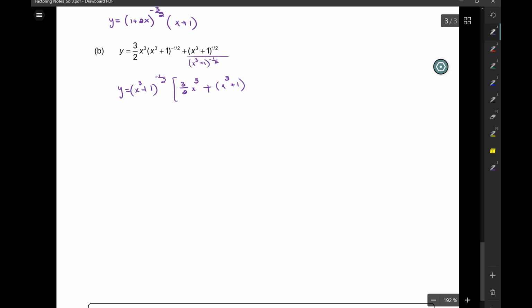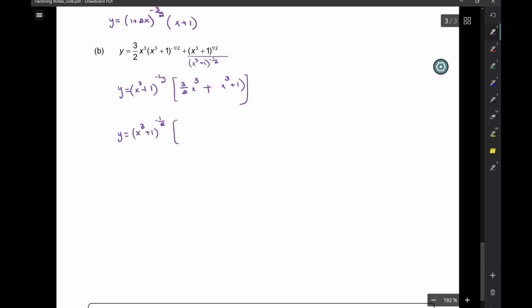Negative 1 or positive 1? Positive 1. Because it's going to be 1/2 minus negative 1/2 plus 1. So it's positive 1. Right? So that means y equals x cubed plus 1 to the negative 1/2.